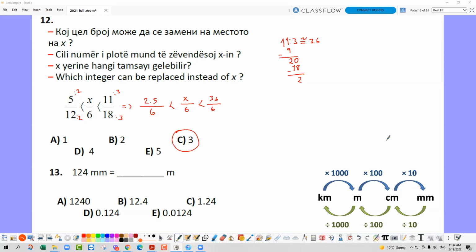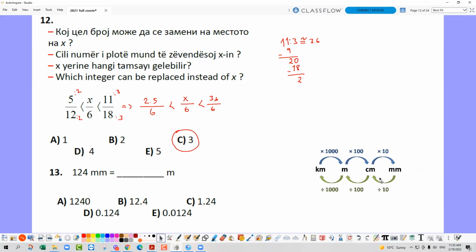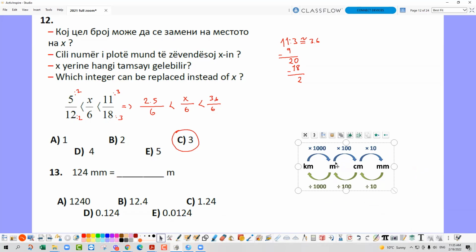Now in the second part, in the 13th question, we are going to convert 124 millimeters to meters. This table shows us how to convert the units.